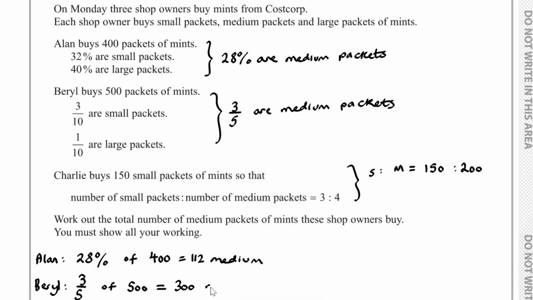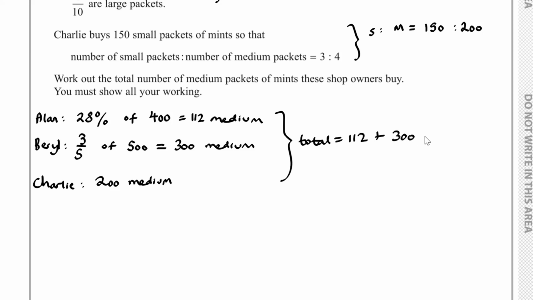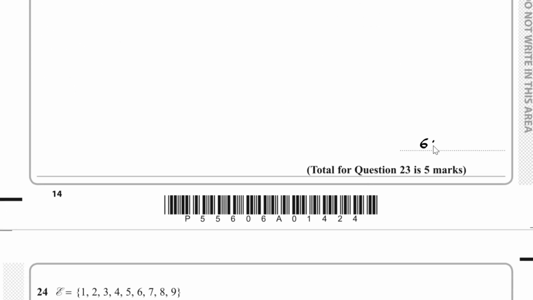So therefore we have 300 medium, and we can also see that for Charlie we have 200 which are medium, and therefore the total amount of medium is equal to 112 plus 300 plus 200. It turns out we get 612. So therefore we have 612 medium.